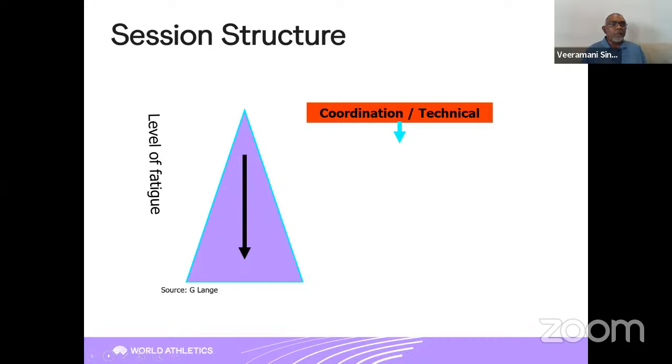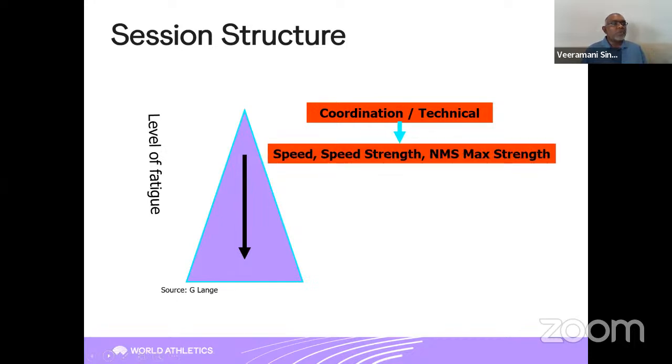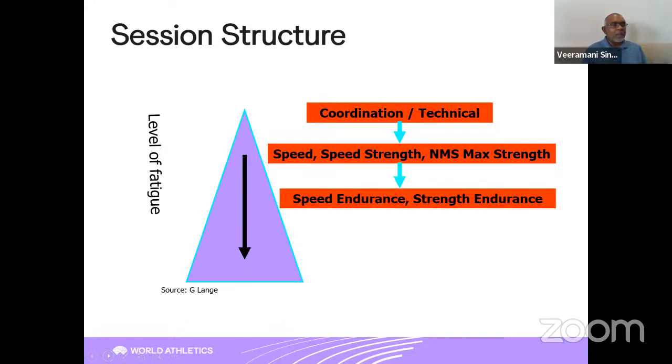Then we will move into the speed strength and neuromuscular maximum strength training. What is the difference between, for example, neuromuscular maximal strength, and later on what you will see called strength endurance? Neuromuscular maximum strength is emphasized here slightly because of the requirement for the body to use the nervous system.